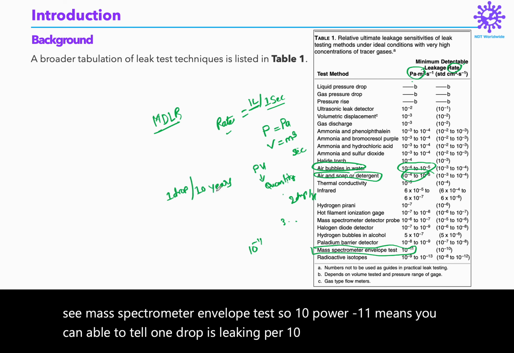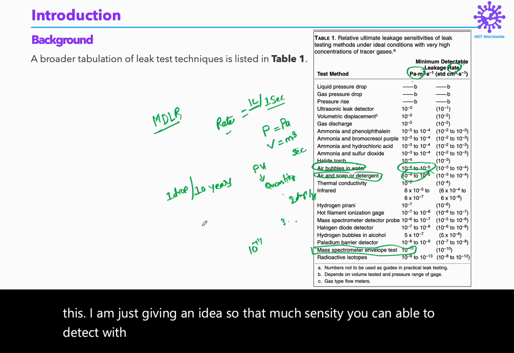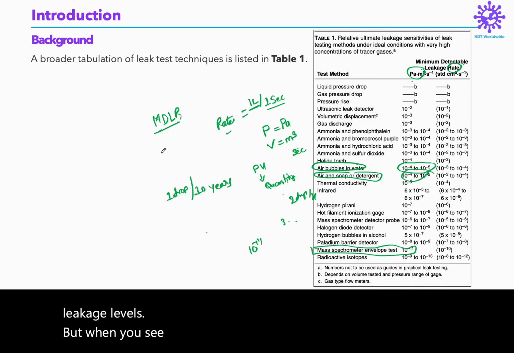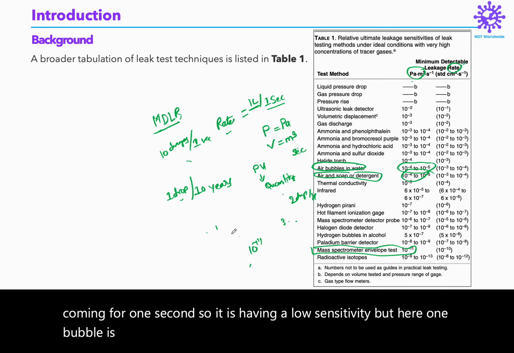I'm just giving an idea. That much sensitivity you can detect with mass spectrometry; you can detect very small leakage levels. But with air bubbles, like 10 bubbles coming per second, it has a low sensitivity. But one bubble coming over a period of 10 years is very high sensitivity.